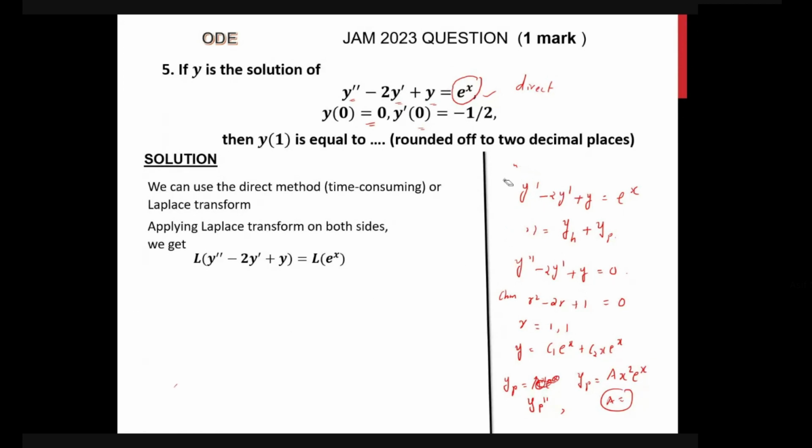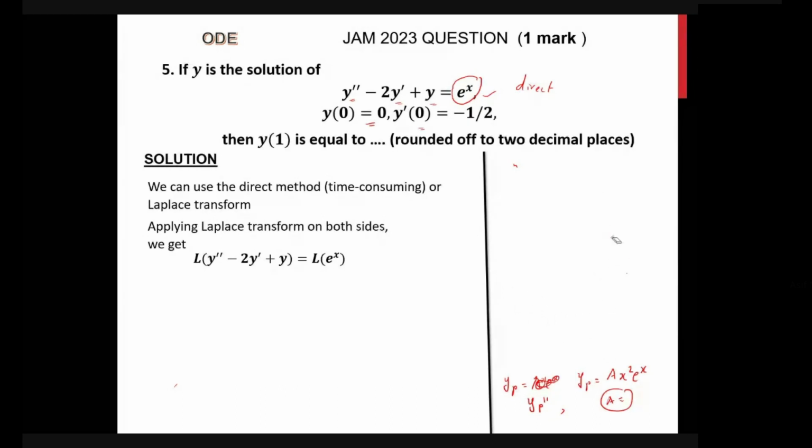I would tell you to at least study solving ODEs using the Laplace transform. That section is very important and very helpful for solving such problems. I never saw anybody taking the Laplace transform to solve these ODE problems in competitive level examinations, but usually I do it using the Laplace transform.